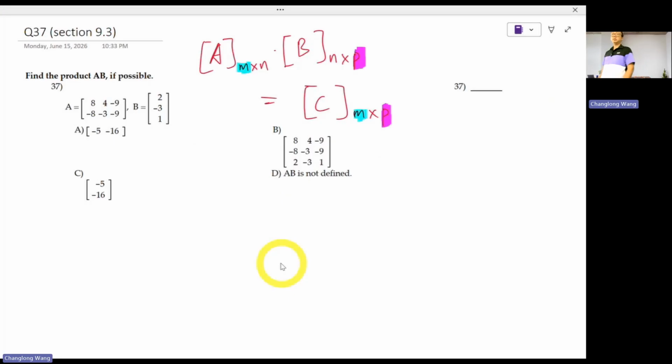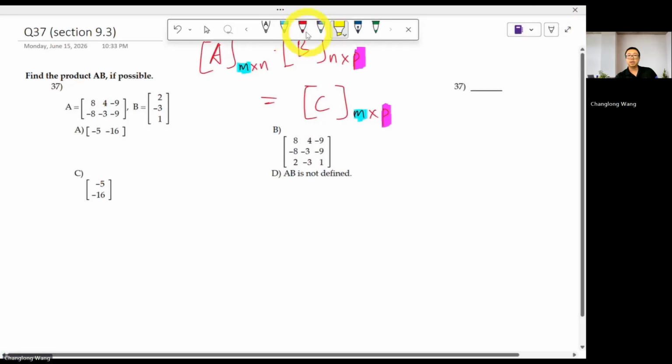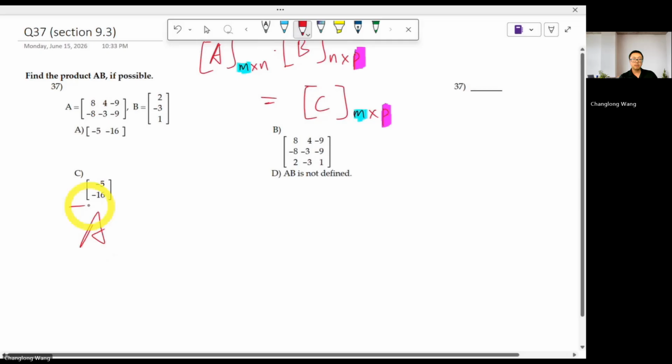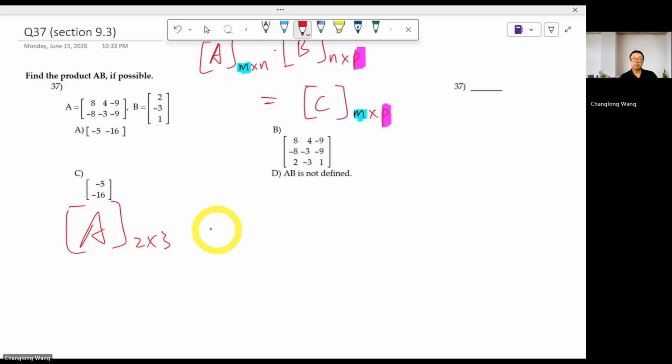But what about the actual matrices A and B in 37? Can anyone tell me the dimension of the matrix A? 2 by 3. What about matrix B? How many rows? 3 rows, 1 column.